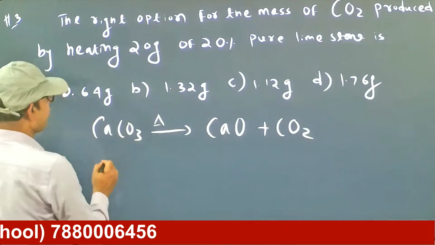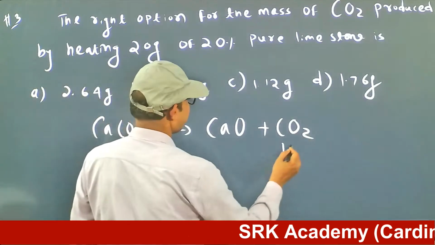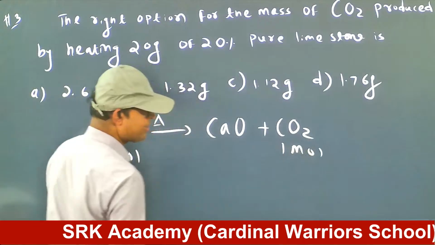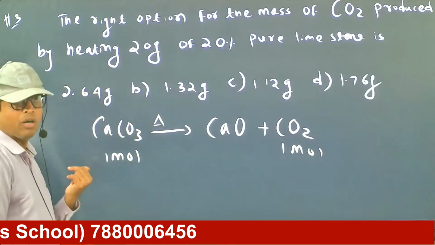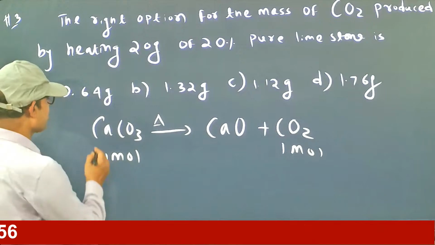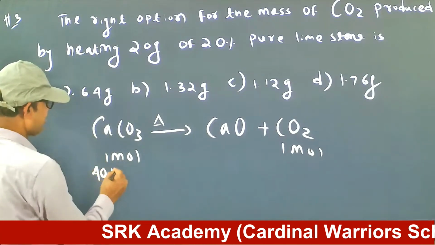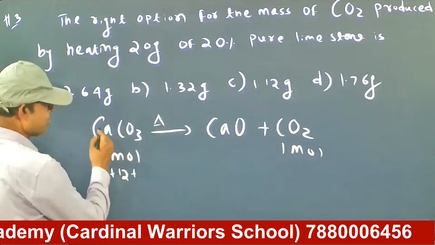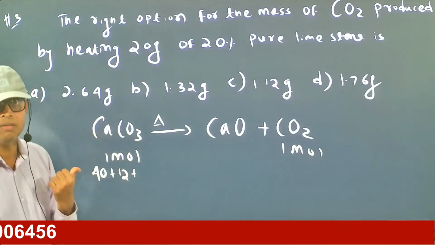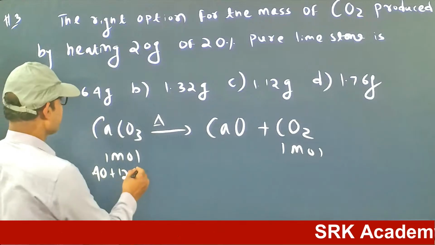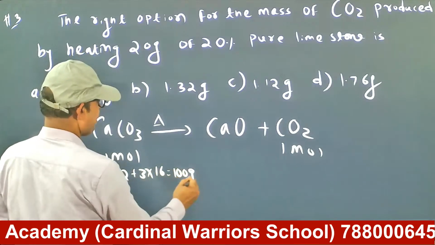Clearly 1 mole of calcium carbonate, when it is heated, forms 1 mole of carbon dioxide. What is the mass of calcium carbonate? 1 mole of calcium carbonate has a mass equal to its molecular mass. Atomic mass of calcium is 40, carbon is 12, oxygen is 16. So 40 plus 12 plus 3 into 16 is equal to 100 gram.